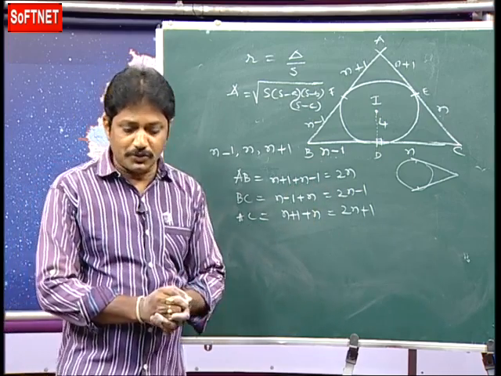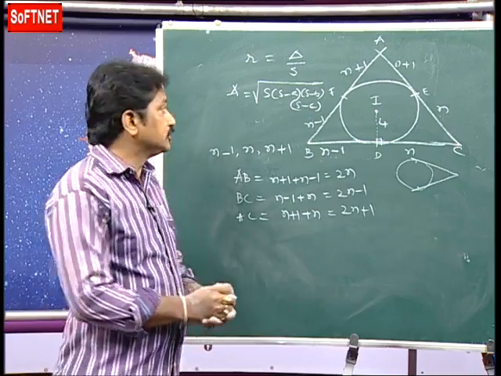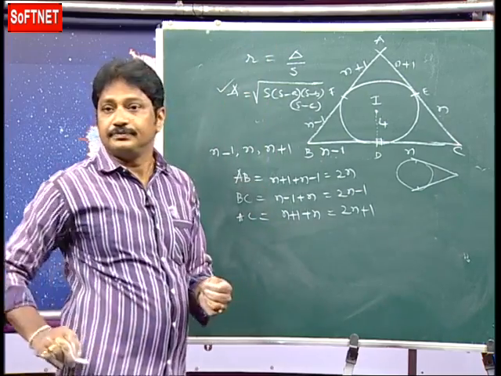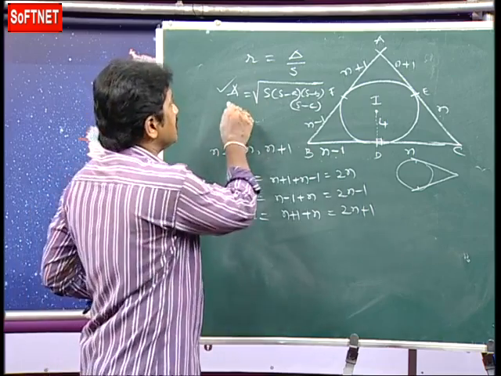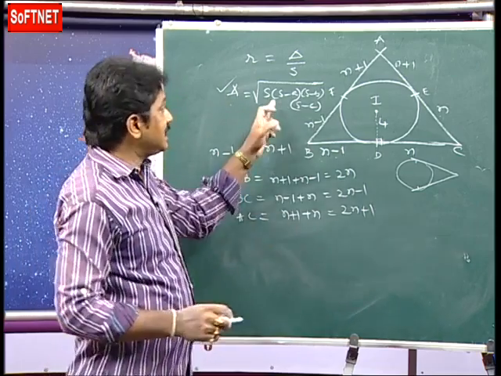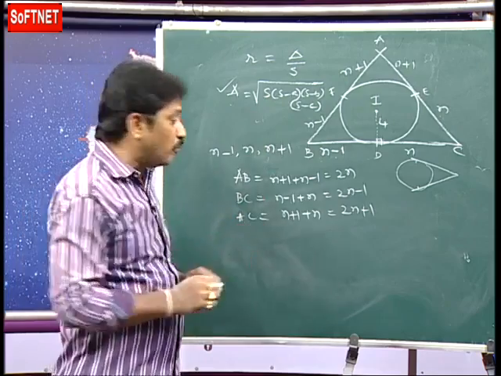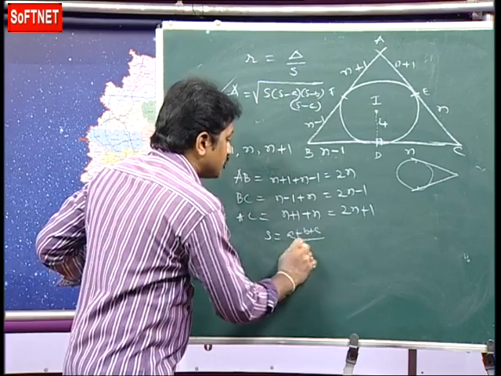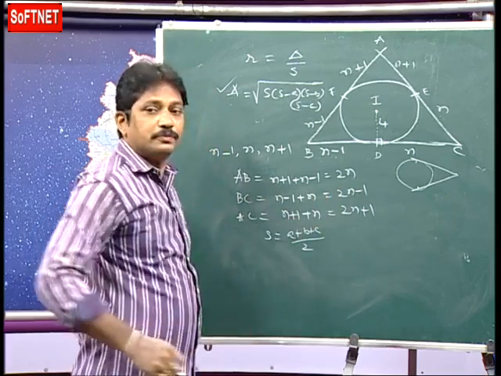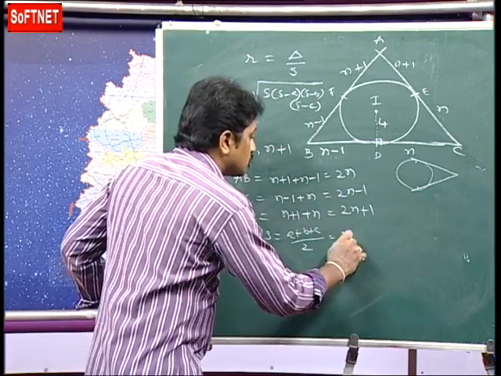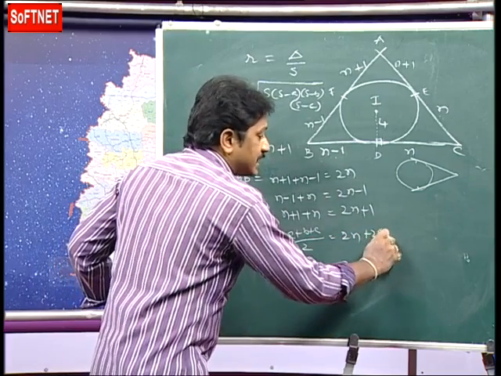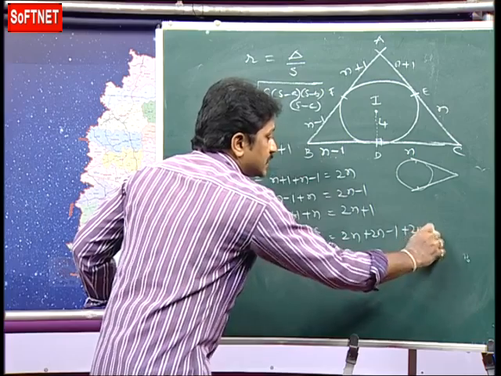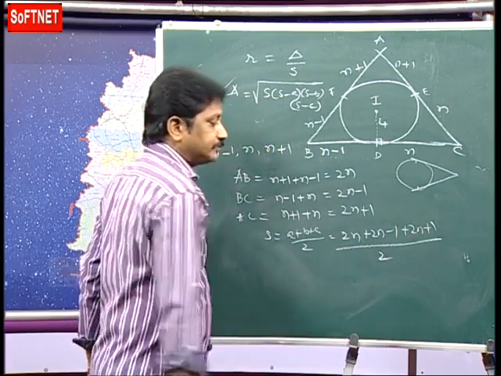Now I am going to use this. First I want to use delta. Here you know that s is the semi-perimeter. What is s here? a plus b plus c by 2, the sum of these three by 2, which is equal to 2n plus 2n minus 1 plus 2n plus 1, by 2.